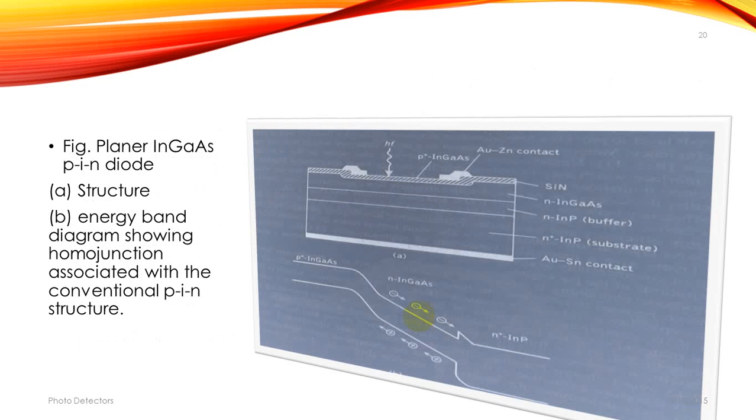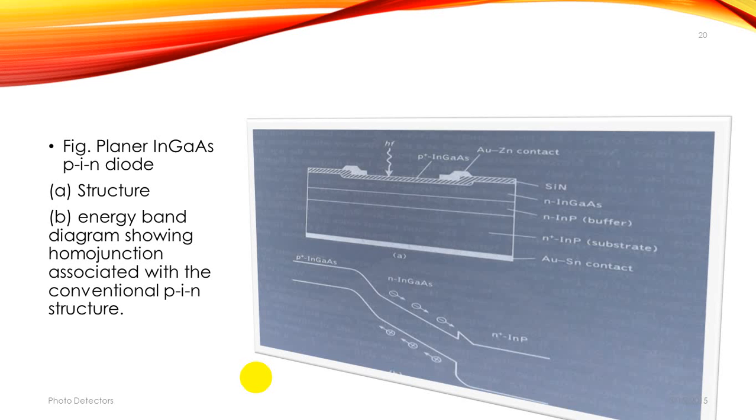The figure shown here is about the planar indium gallium arsenide PIN diode. Figure A is the structure and figure B is the energy band diagram showing the homojunction associated with the conventional PIN structure. A typical planar device structure is shown in the figure, which requires epitaxial growth of several layers on an N-type indium phosphide substrate.